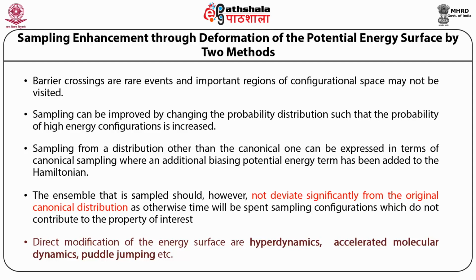But in principle, what we do is not deviate too much away from the original distribution, but make it flattened, or make it have more and more sampling on the higher energy configurations than the lower, by using certain systems called hyperdynamics, or accelerated molecular dynamics, or something called puddle jumping, etc. These techniques have already been incorporated in some of the very nice new packages that came up, and many papers have come to explain such and such methods.